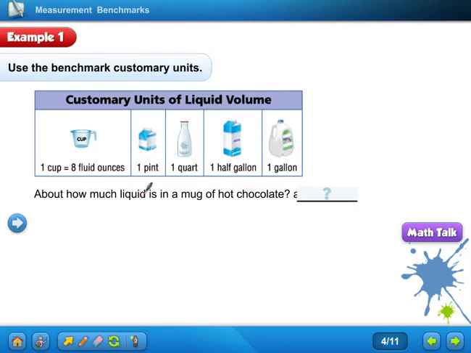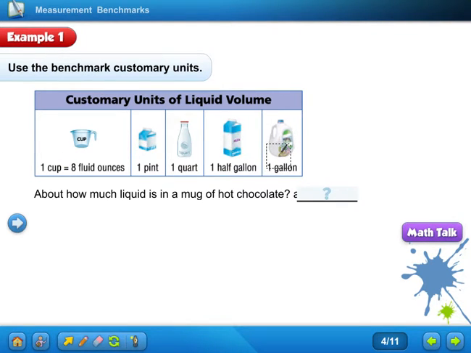About how much liquid is in a mug of hot chocolate? So like a coffee mug. How much is in that? Would it be a cup, a pint, a quart, a half gallon, or a gallon? Which one would you guess?